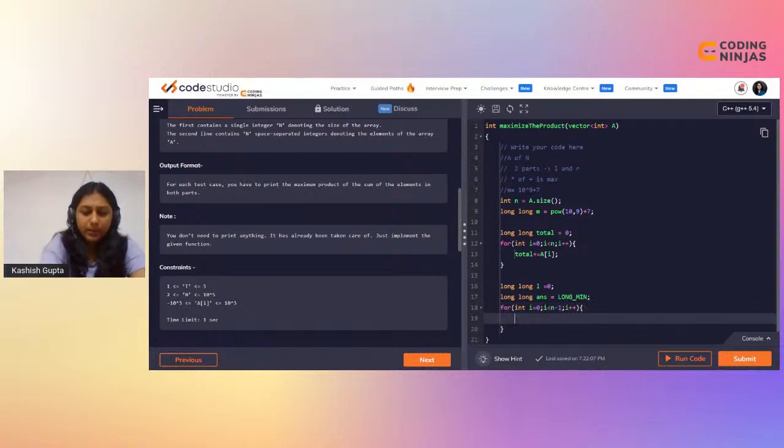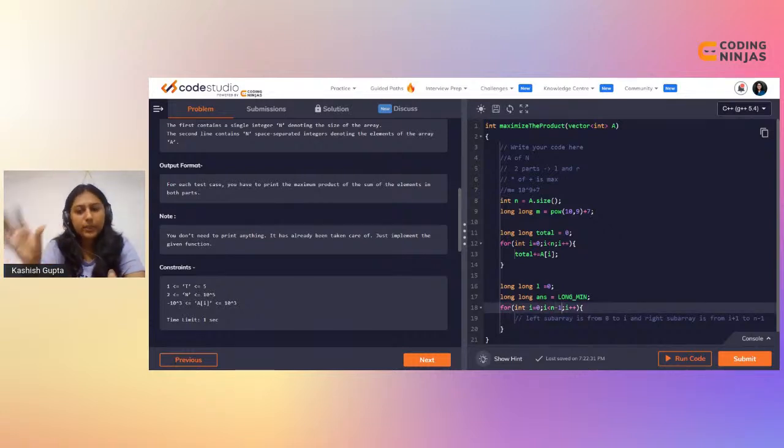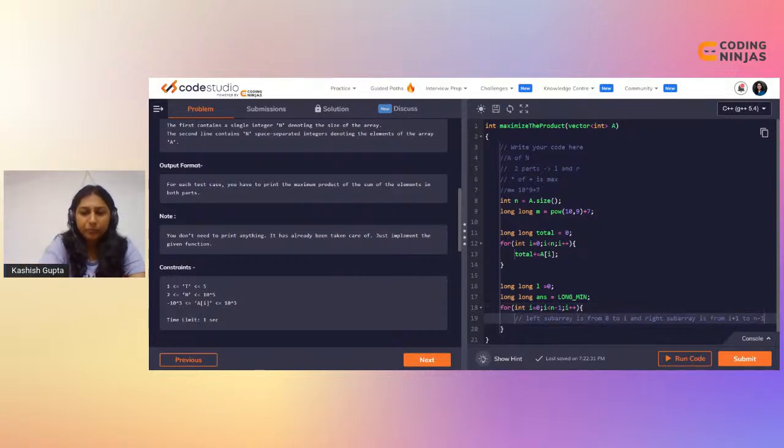What this basically means is the left subarray is from 0 to i, and the right subarray is from i plus 1 to n minus 1. I took n minus 1 here because we already know that the n minus 1th element will always be on the right side, so there is no point in cutting there.